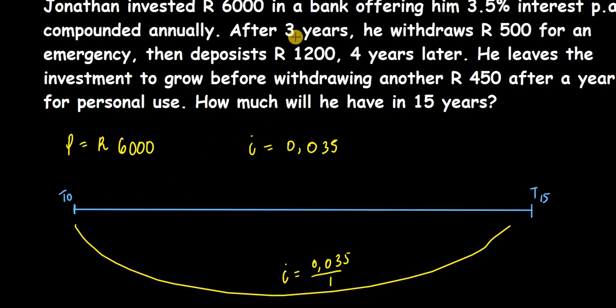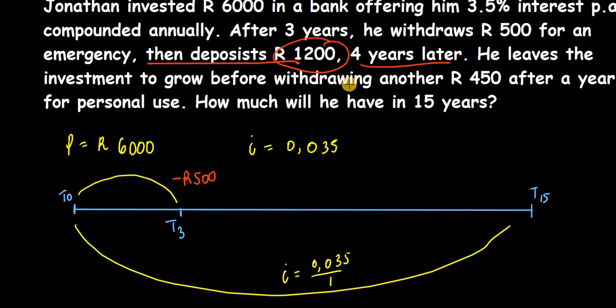Now we were told that this guy, after 3 years, he withdrew some money. So I have to show that. So after 3 years, we'll be moving from here to there. So let me just write T3 here. After 3 years, what did he do? He withdrew 500 rands. So I must show it with a red line that he withdrew 500 rands after 3 years. Okay, then he deposited 1,200 4 years later.